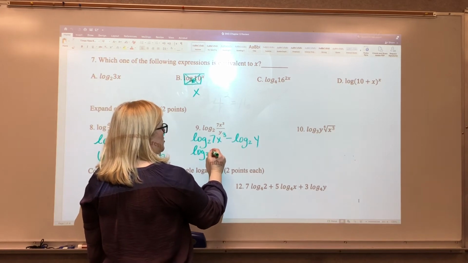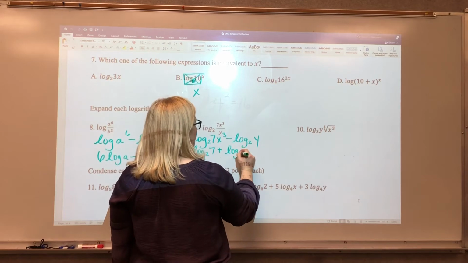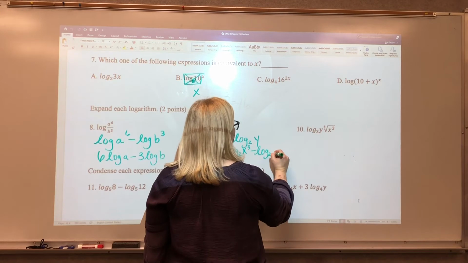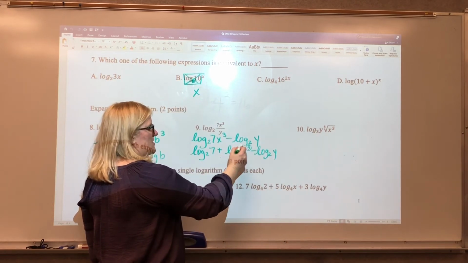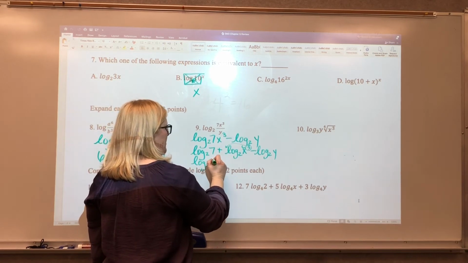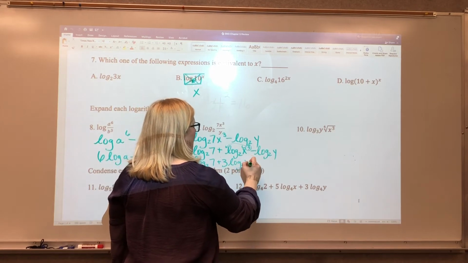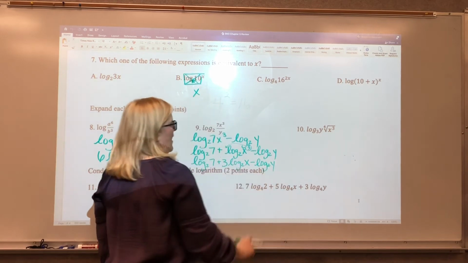So log base 2 of 7 plus log base 2 of x to the 3rd minus log base 2 of y. And finally, I have this exponent right here that needs to come down the front. So I've got log base 2 of 7 plus 3 log base 2 of x minus log base 2 of y.